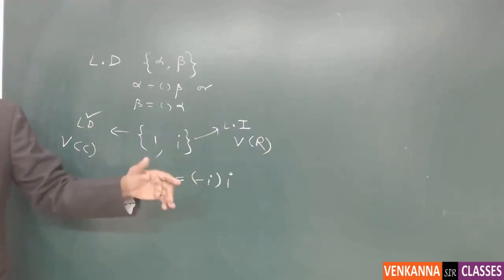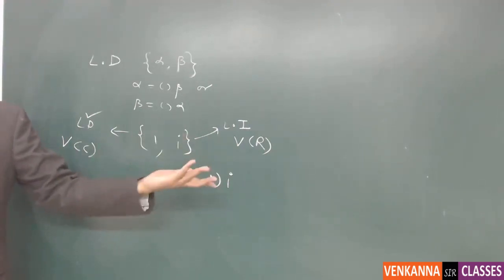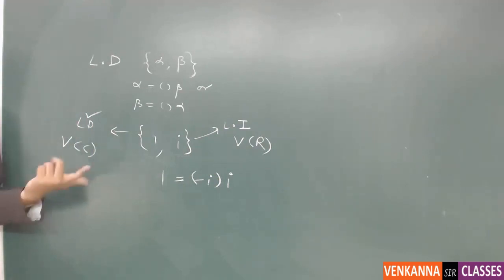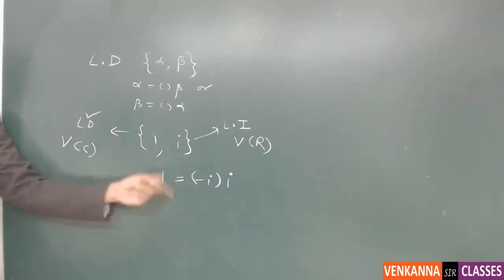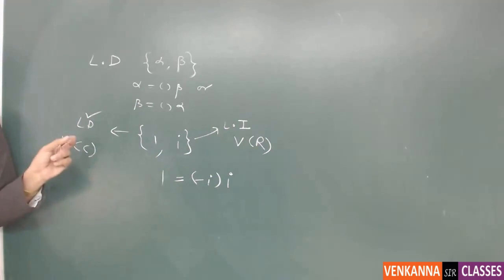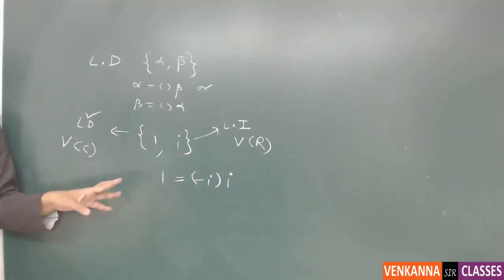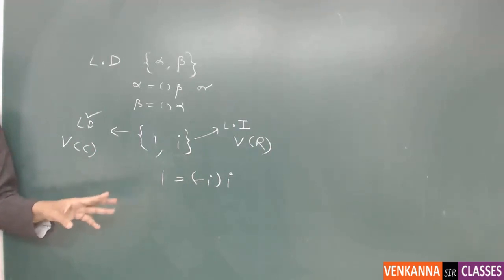You cannot write one value as a multiple of the other. But if you take the complex number field, here it is possible to write one value as multiple of the other, so it is dependent here. Now, did you get the exact meaning of dependence based on field, how we are mentioning?